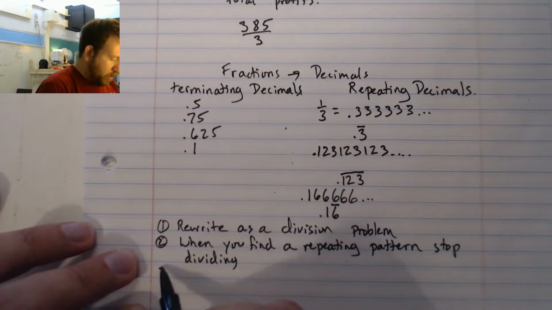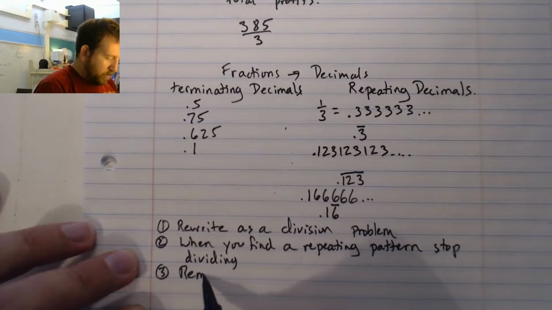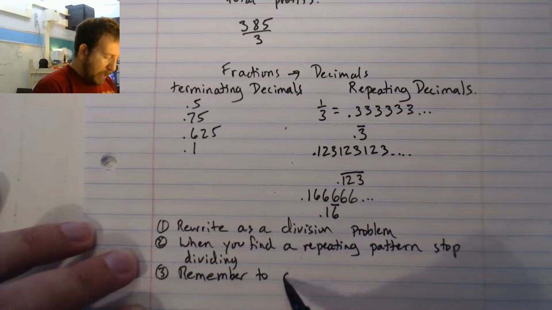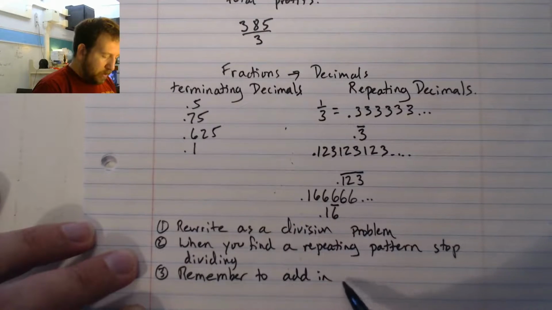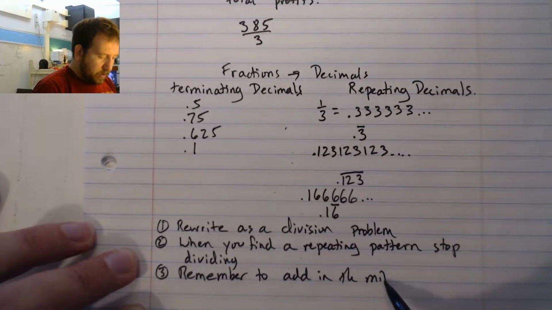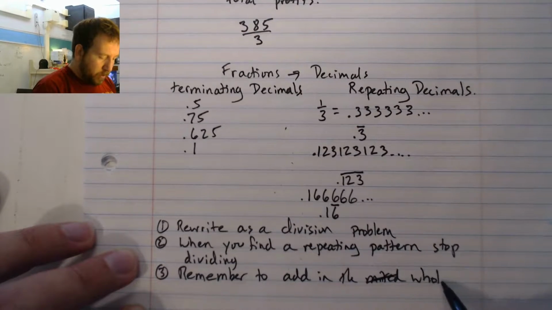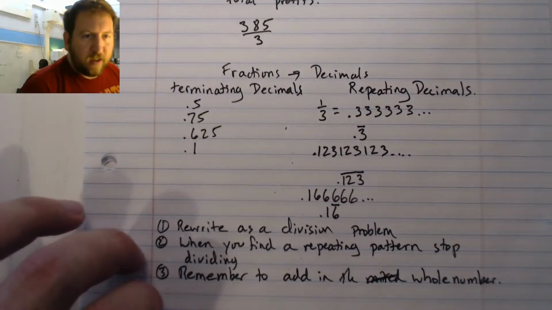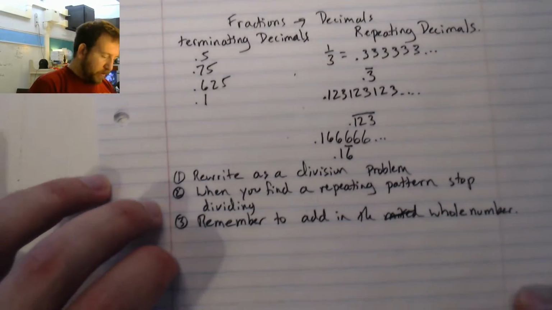Then remember to add in the mixed or the whole number. Let me show you an example. So we're going to take 5/6 to a decimal.